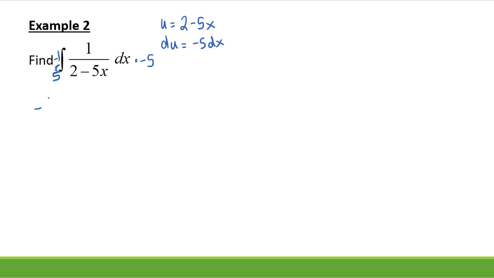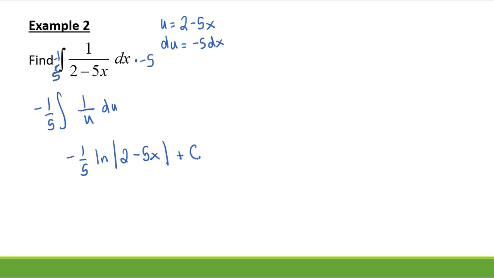So I have negative 1/5 the integral of 1 over u du. So that's negative 1/5 the ln of the absolute value of 2 minus 5x plus c. And again, remember, you can always take the derivatives of these to check and make sure that your answer is correct if you want.